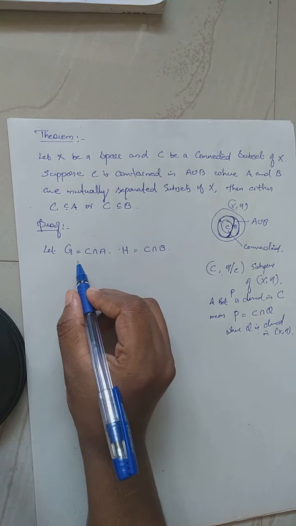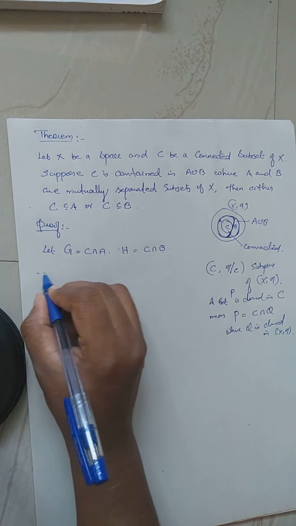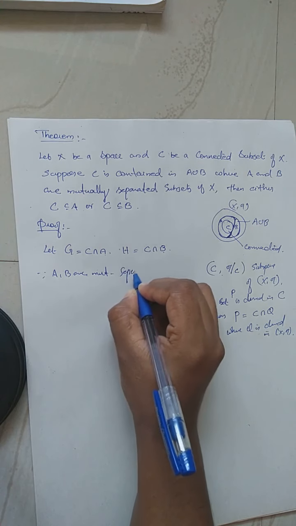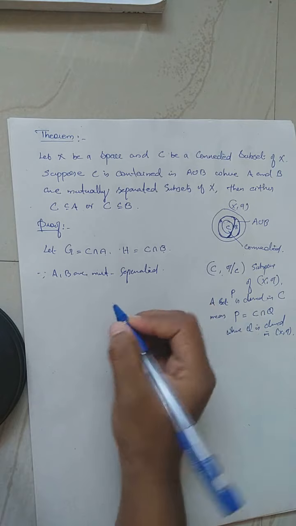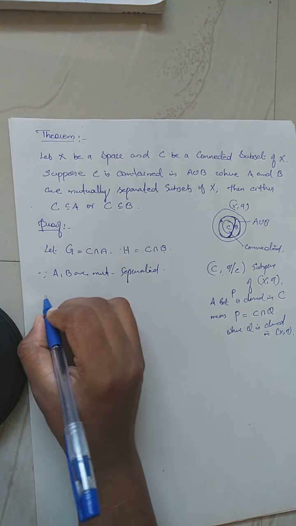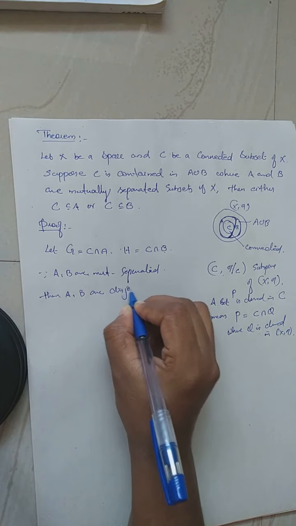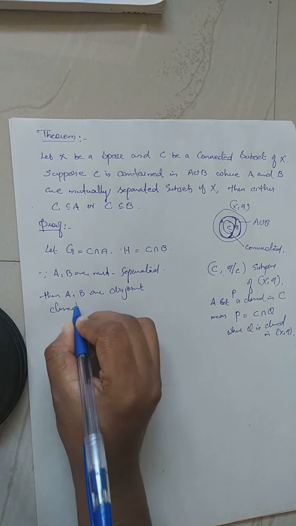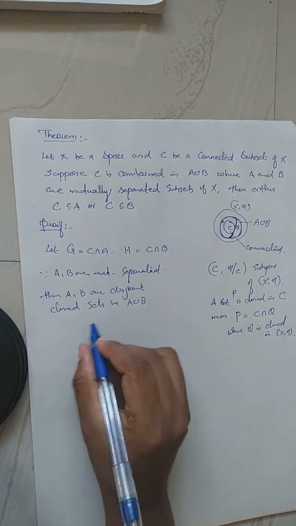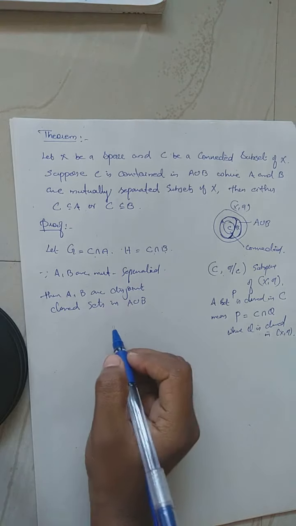If I say like this, A and B must be closed sets. Since A and B are mutually separated, by the previous result I can say that A and B are disjoint closed sets in A union B. So when A and B are closed sets in A union B, what about C intersection A and C intersection B?